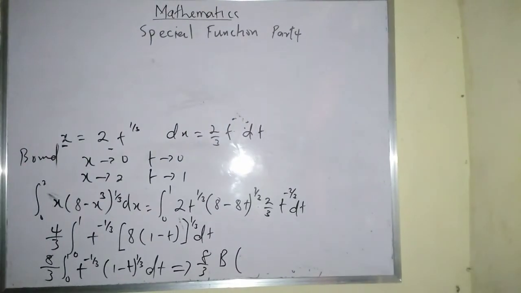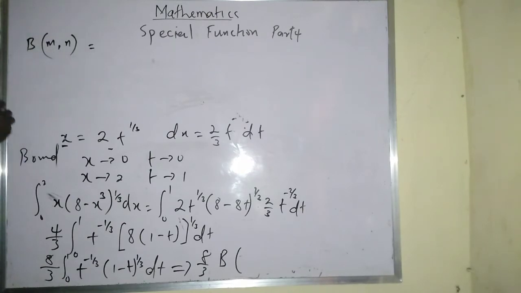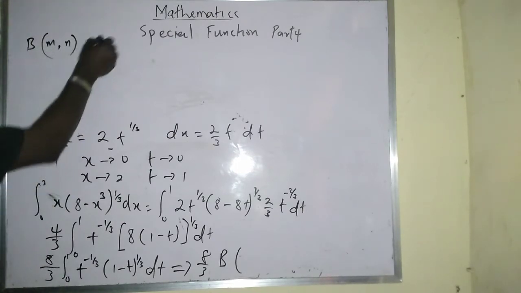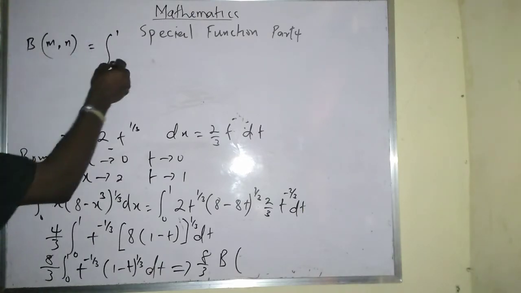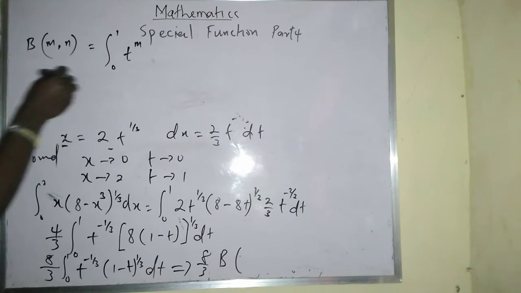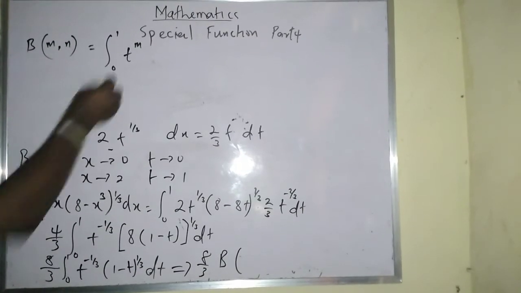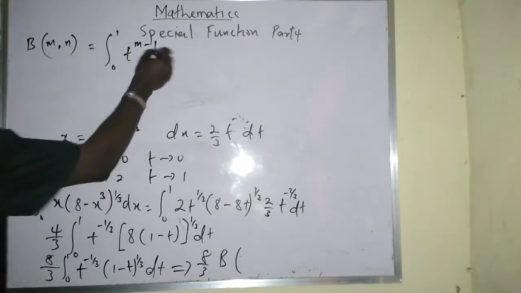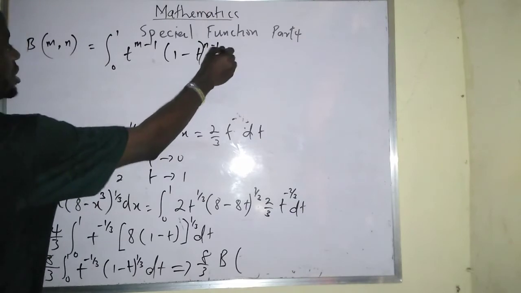I want you to know that for my beta function, beta of m comma n always equals the integral from 0 to 1 of t raised to power m minus 1, bracket of 1 minus t, bracket of n minus 1 dt.